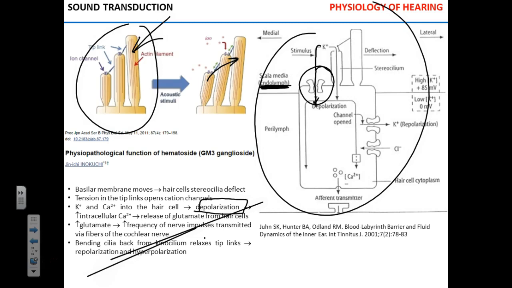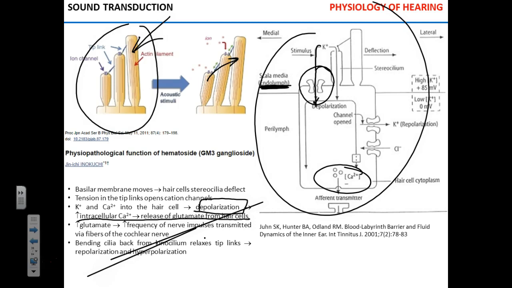Depolarization leads to the additional opening of calcium channels. Calcium flows in. Calcium influx. What is released in response to the calcium influx? Neurotransmitter is released in response to calcium influx. Okay? Does that make sense?